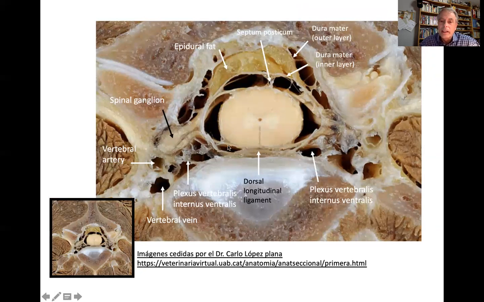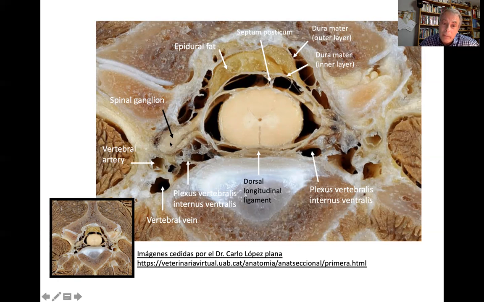This is more caudally in the cervical portion, spinal cord, right? And the subarachnoid space here with trabeculae that run between the pia and the arachnoid membranes. And again, dorsal roots, ventral root. And as you see, the proximal portion of the dorsal and the ventral root are inside this layer of dura and arachnoid that surrounds the entire spinal cord.